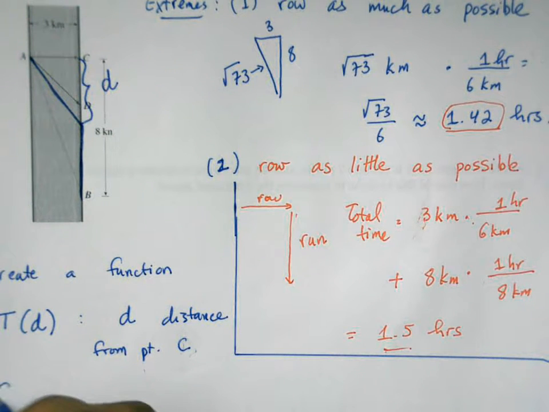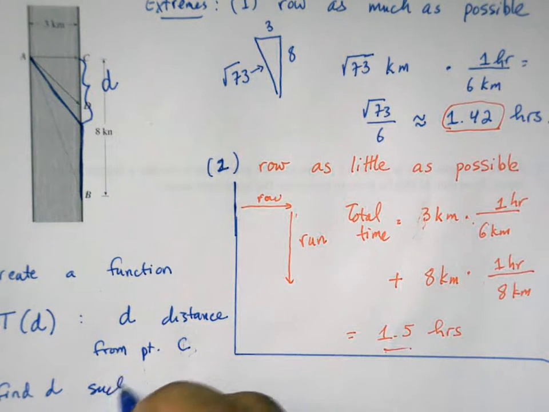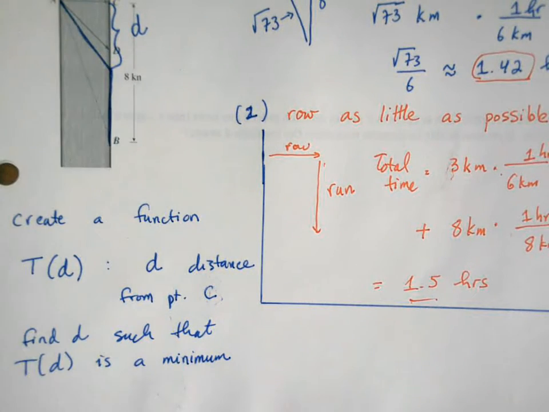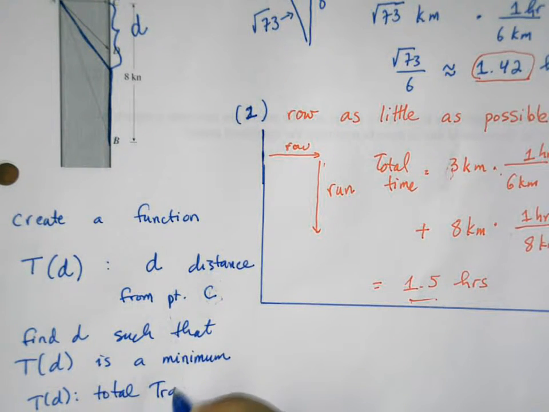And then we're going to find D such that T of D is a minimum. Okay. And so what we're really saying here is that T of D represents the total travel time.